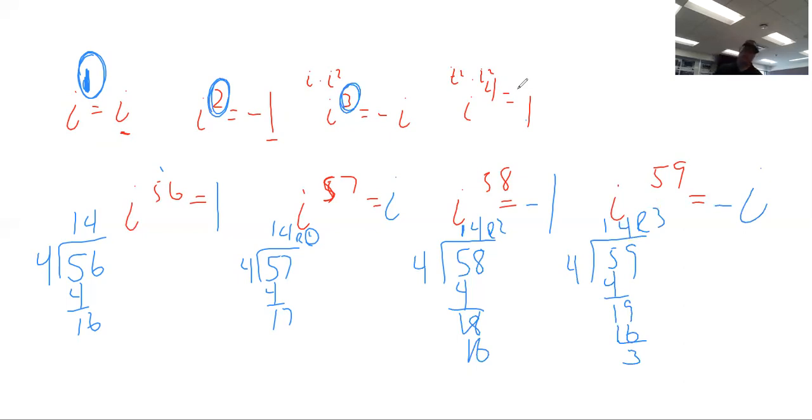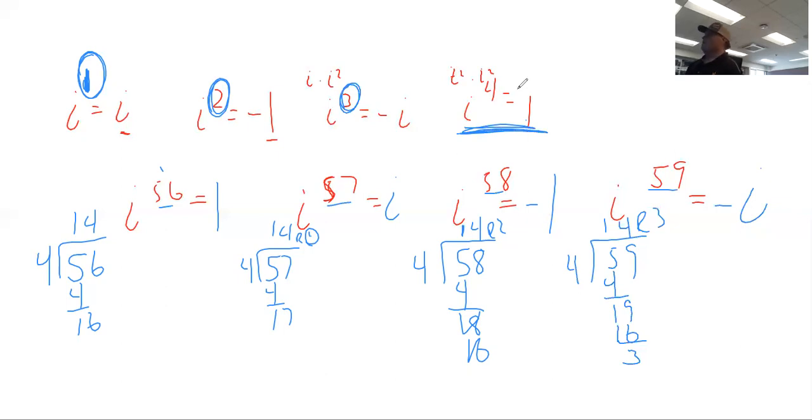So all you do is you divide whatever the exponent is by 4. Whatever your remainder is, let's say on this one we had a remainder of 0, so it matches up with this right here. That means 4 goes into it evenly.